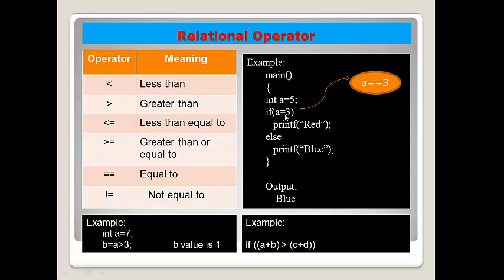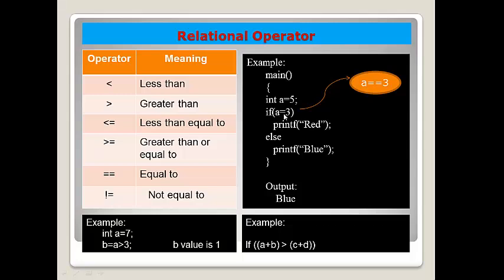In this case, a value is 5, and this is an assignment expression, so the value 3 is assigned to a. The existing value is overwritten: the 5 is replaced by 3. The new value of a is 3 only.